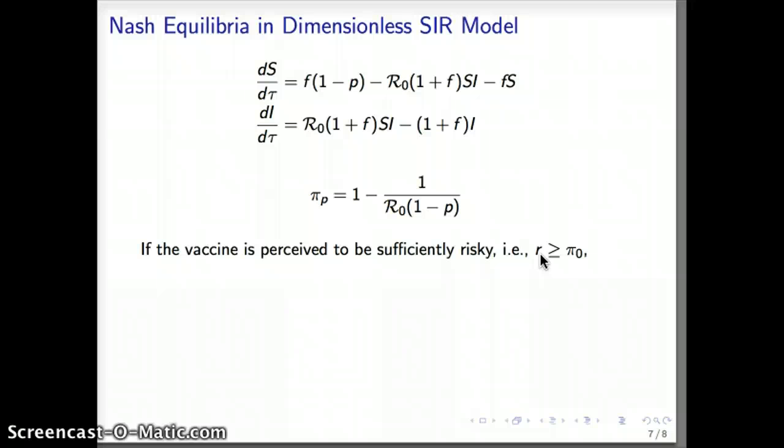So if a vaccine is perceived to be sufficiently risky, then think of pi sub 0 as a situation in which the vaccination coverage is 0. It's basically what happens to this expression when you evaluate it at little p equal to 0.